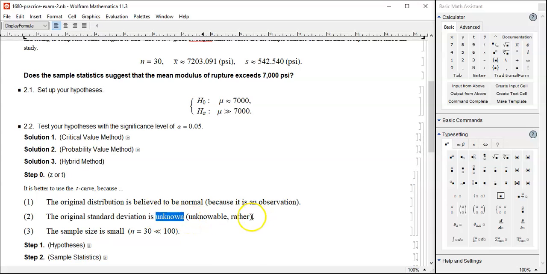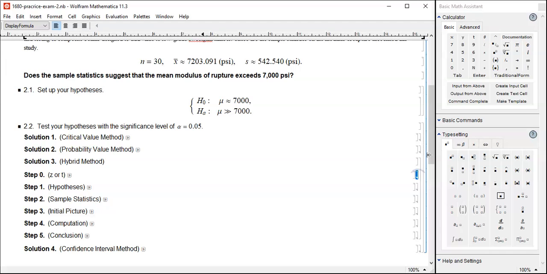Of course, unless you break every lumber product in the world, you cannot find out the population standard deviation, so it's meaningless. Number 3, the sample size is small. 30 is a pretty small sample size, and in this class I'm using the threshold of 100. So 30 is less than 100.